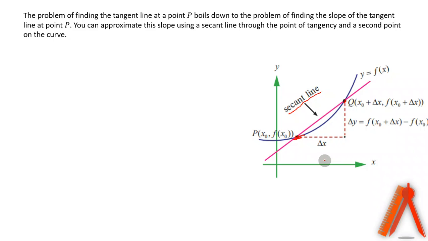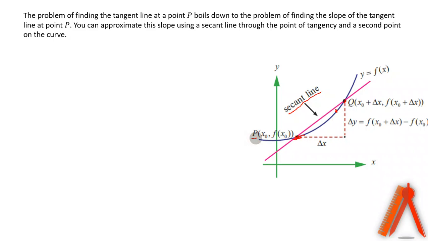So that's why we use the derivative to solve this tangent line problem. First of all, we have to approximate the tangent line with a secant line. Okay, first of all just fix a point, say over here P, just fix this point P.